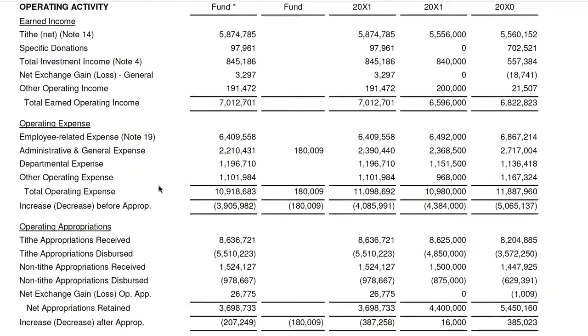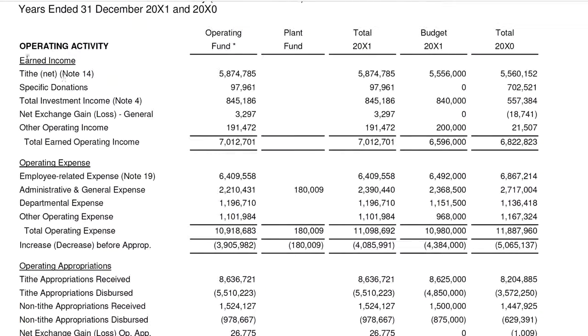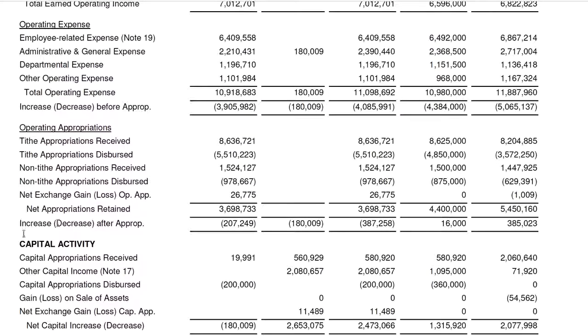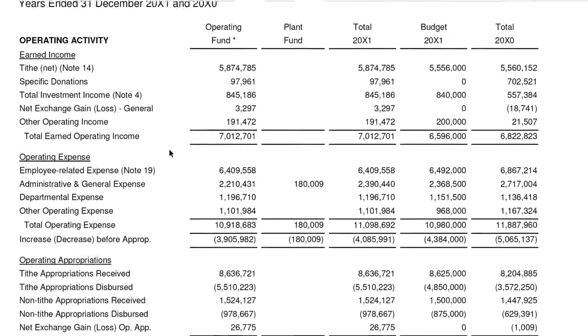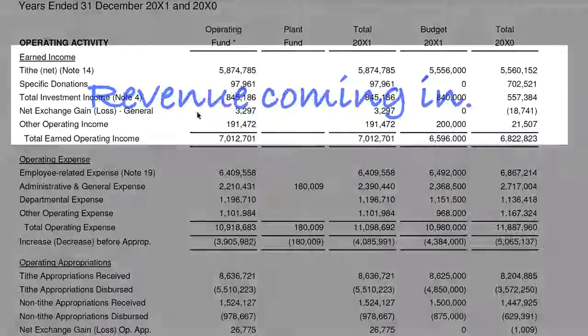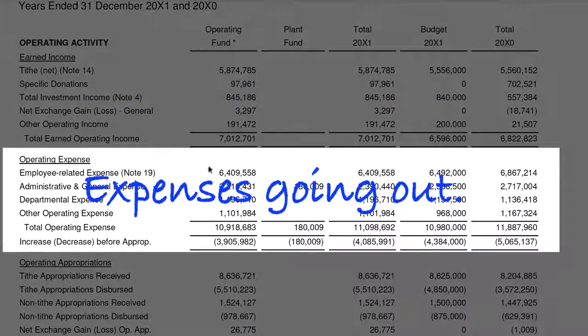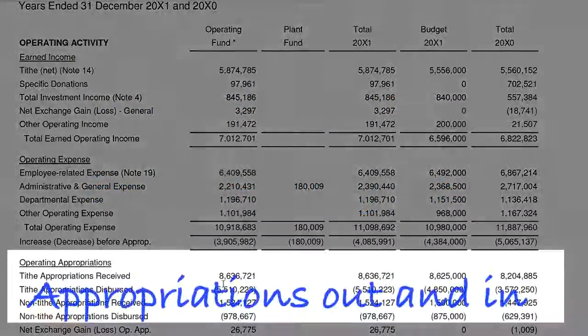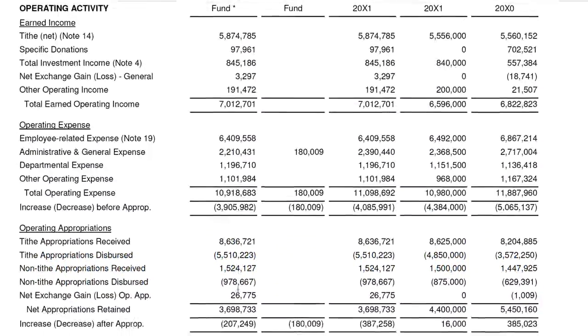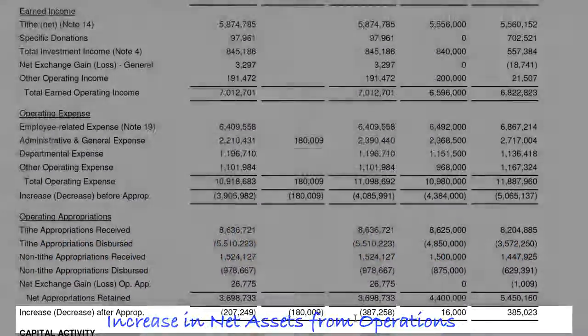The statement is divided into two parts: operating activity and capital activity. We have the operating portion, revenue coming in, expenses going out, appropriations coming in, and a net increase from operations.